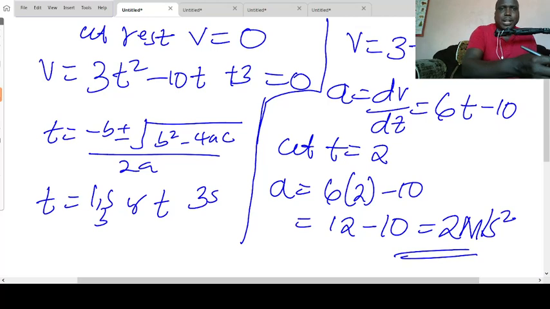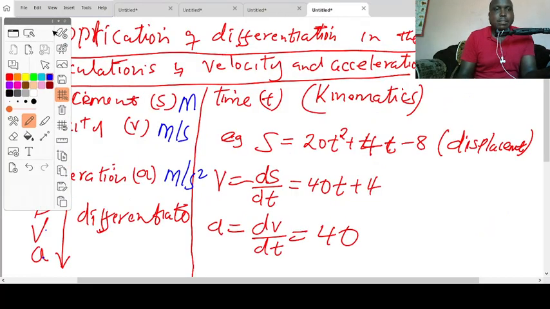Maybe I do one more last example on the same. Last example, we finish.